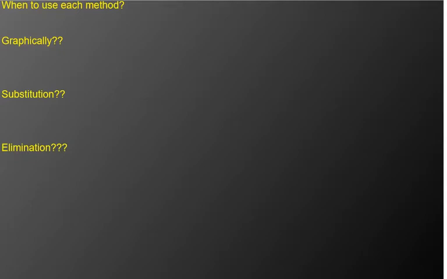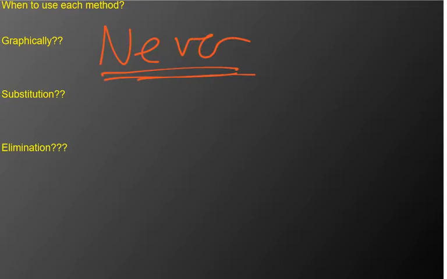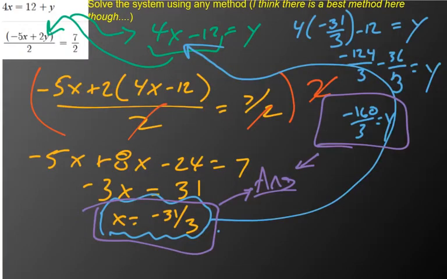So I just wanted to summarize when we use the different forms. So graphically, I can't stress this enough, never. It is horrible. Even thirds are going to be really hard. It's really hard to tell when something is intersecting at a third.